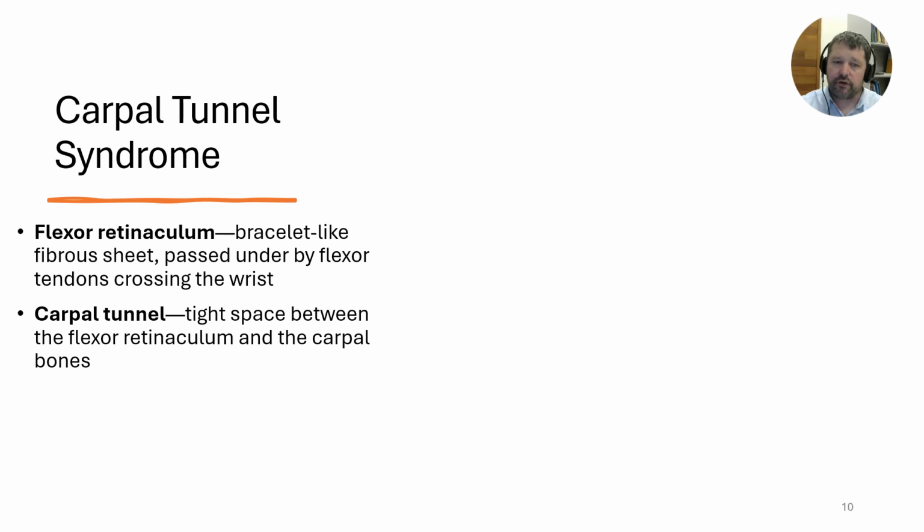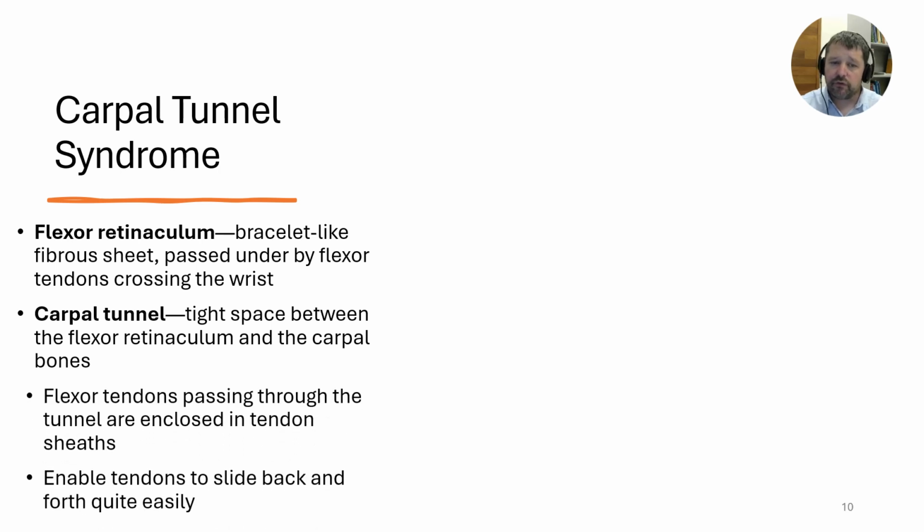So where the carpal bones run underneath the flexor reticulum, that space is called the carpal tunnel. And so people call it carpal tunnel syndrome when that space becomes extra tight or inflamed or pushes on the nerve in that region. So if we look at that, I'll show you some pictures of this.